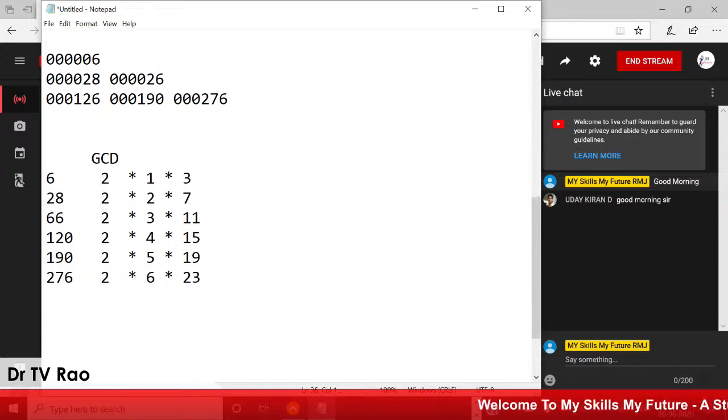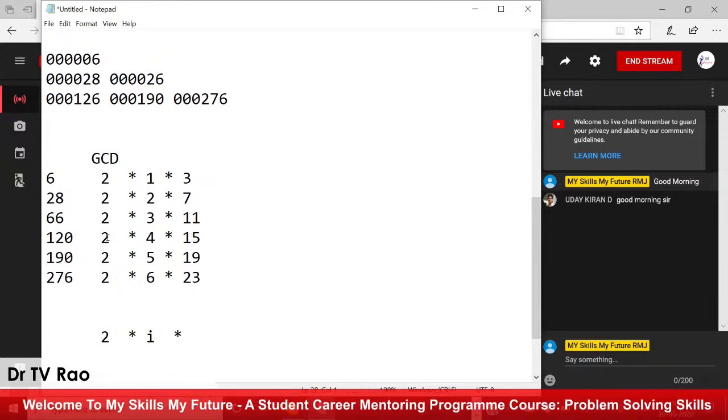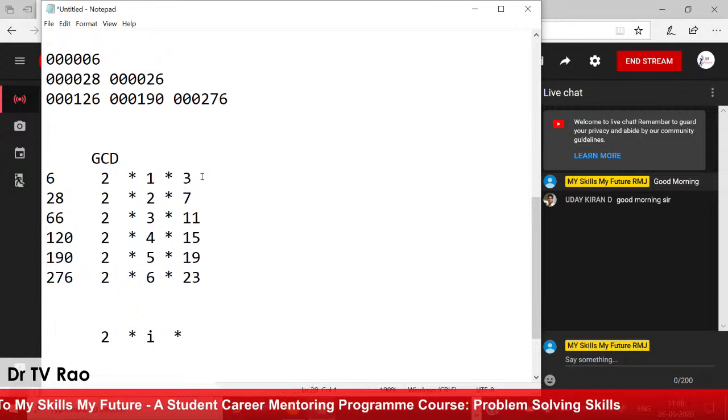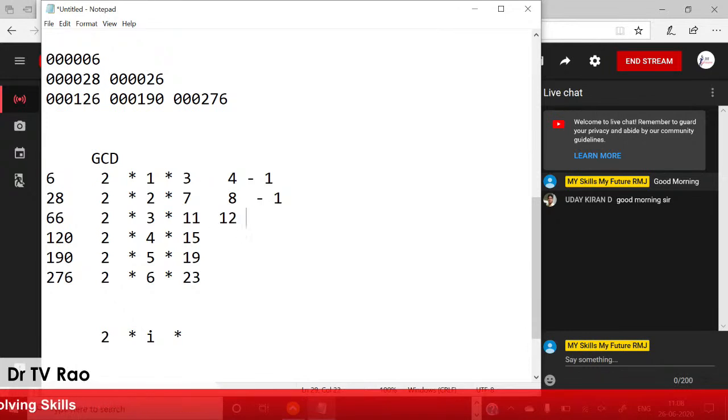So far it is 2 into i, where i varies from 1 to 6. And 3, 7, 11: this is 4 minus 1, this is 8 minus 1, and this is 12 minus 1. What is 4 minus 1?